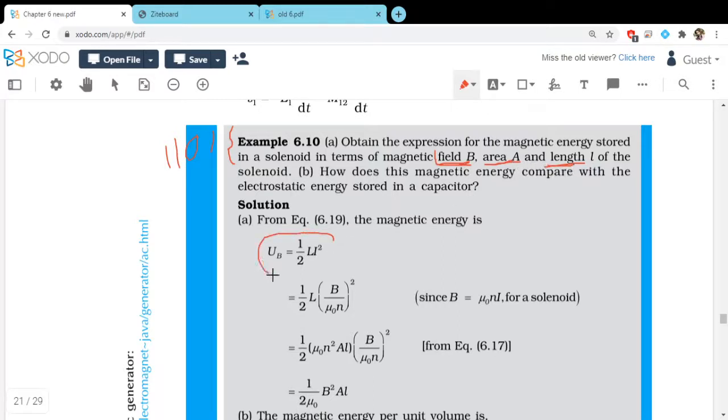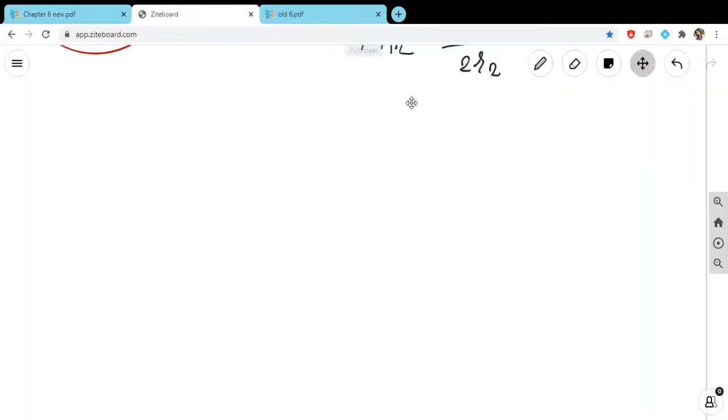We have just derived this equation, the energy stored in the solenoid. So consider this is a solenoid, okay.